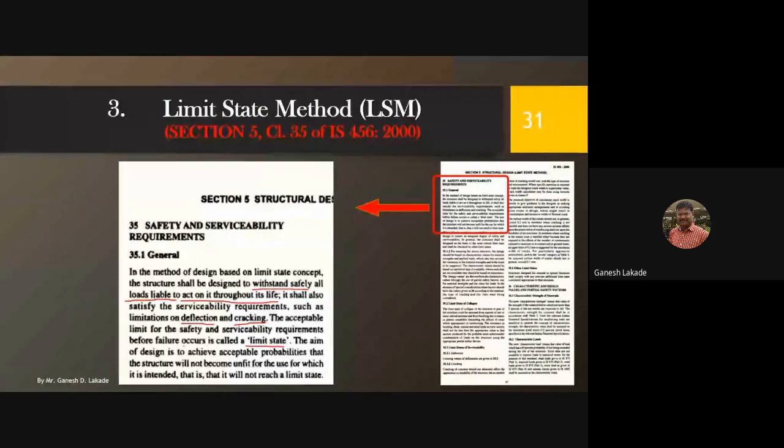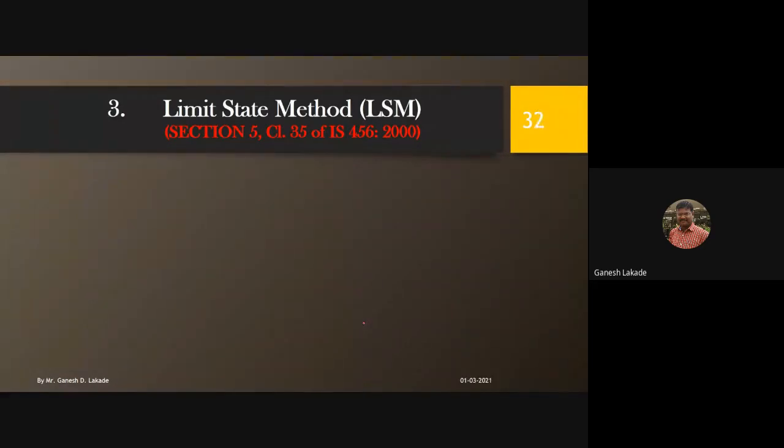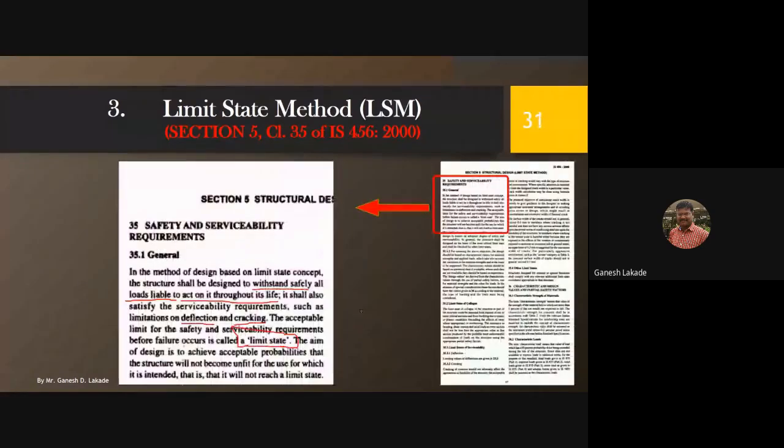And that's why the design which is done by using these limit state considerations is called limit state design. Okay. So you can go through this clause number 35, and again we are going to discuss this clause number 35 in detail throughout this course.